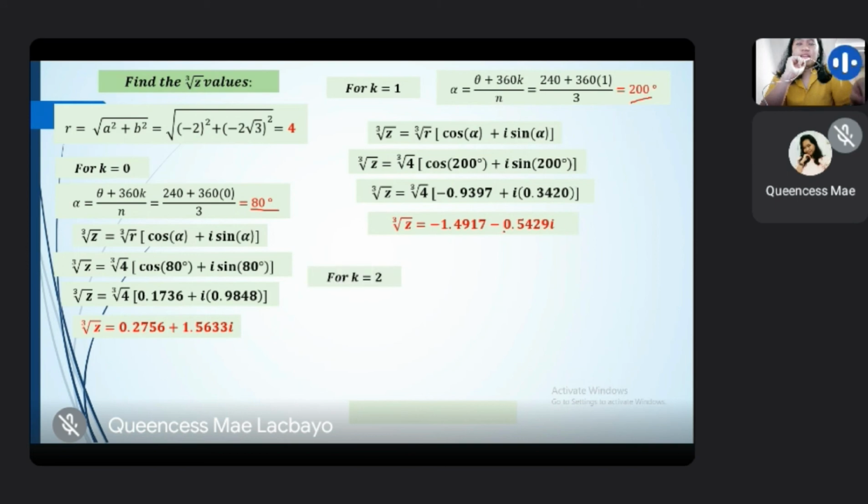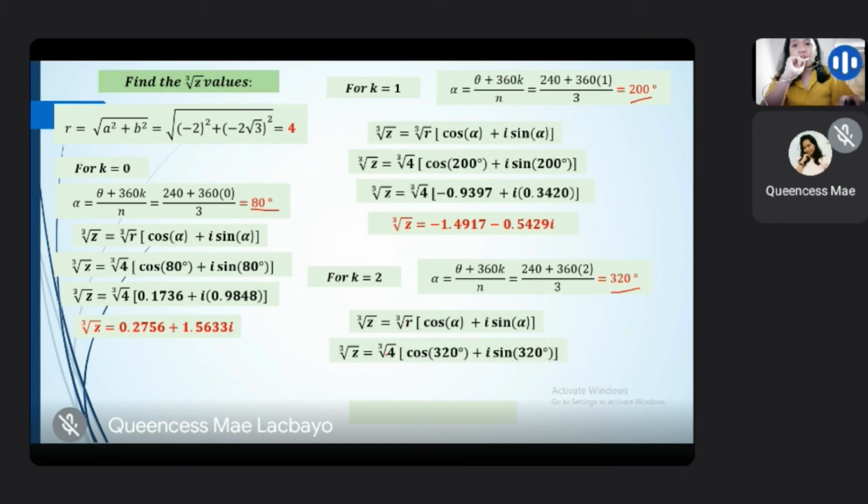And lastly, for k equals 2, the alpha is 320 degrees. The formula is cube root of z equals cube root of r cos alpha plus i sine alpha. The cube root of 4, which is our r, times cosine 320 plus i sine 320. Our cosine 320 is 0.7660 and our sine 320 is negative 0.6428.